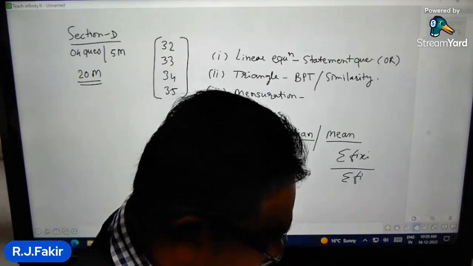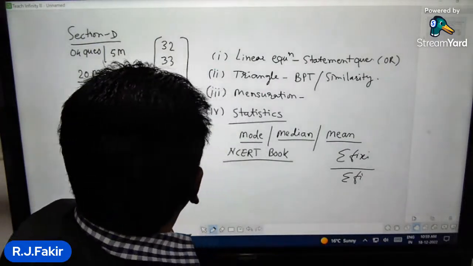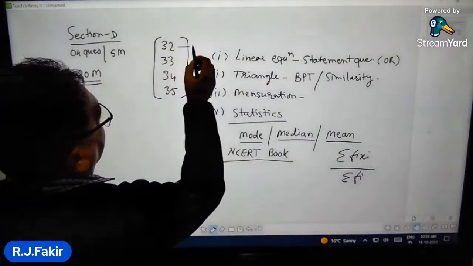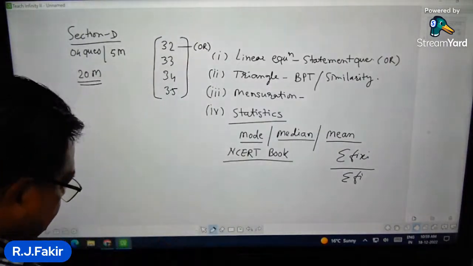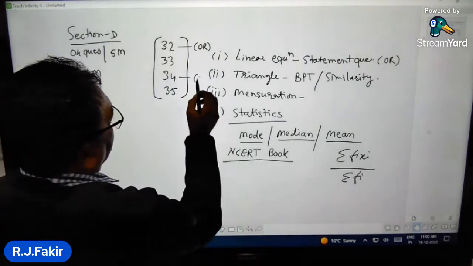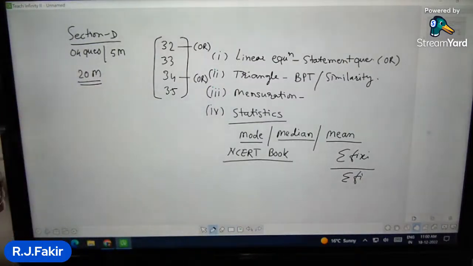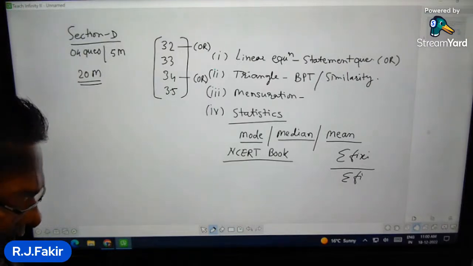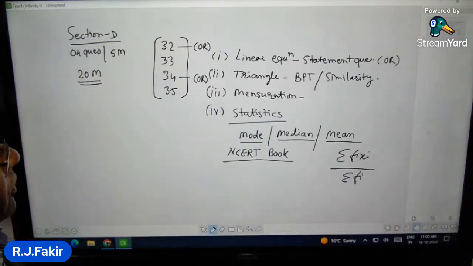And you will be getting a choice in 32. Here you will have a choice. And another choice you will be having in question number 34. So these two questions will be having the choice, 32 and 34. So it's your choice.